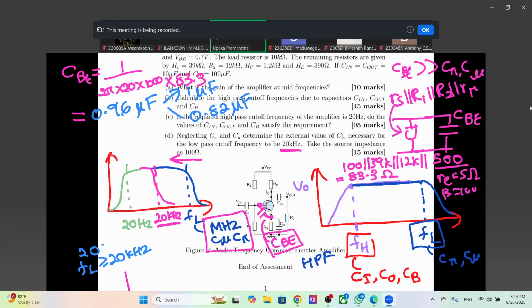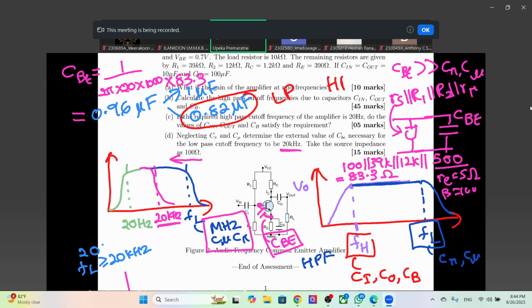It has to be higher, not lower. So in that case, we have to go for the smaller one. Remember, because this is a low pass, we go for the smaller one.